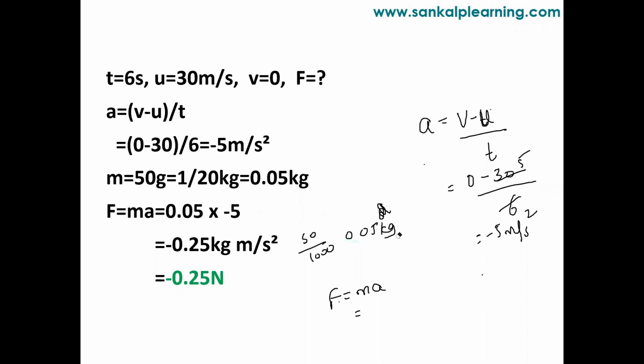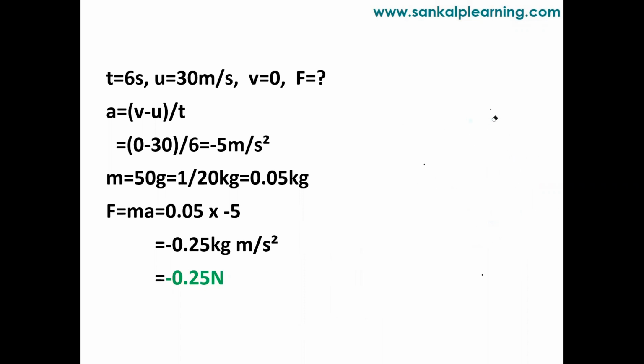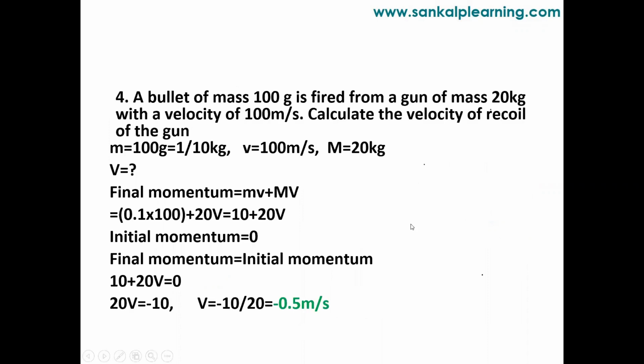Next. Next question, that is, a bullet of mass 100 gram is fired from a gun of mass 20 kg. Okay. That is, we have here a bullet whose mass is 100 gram.